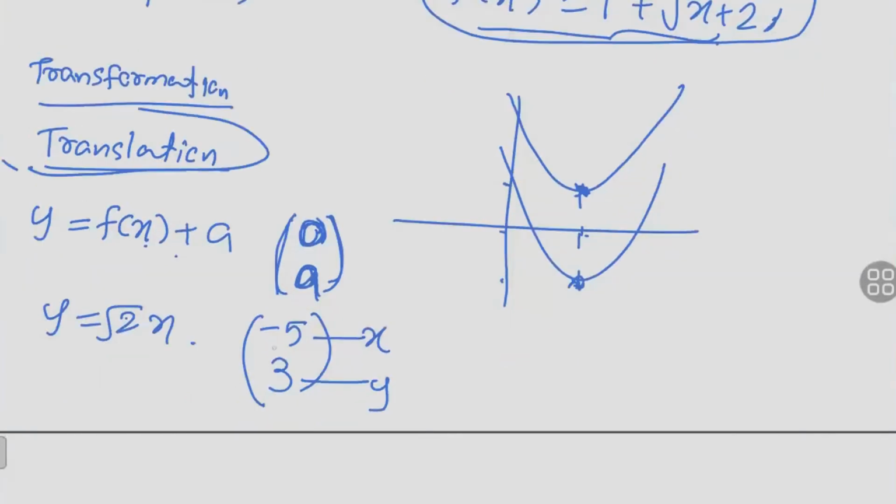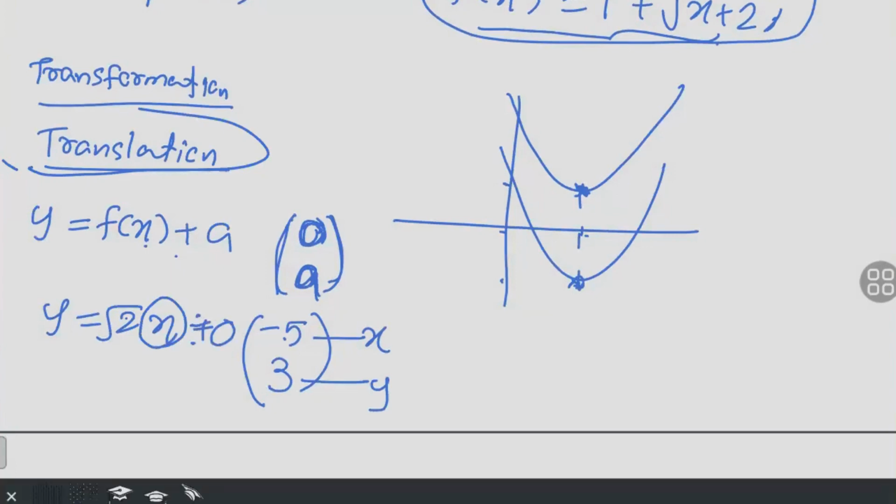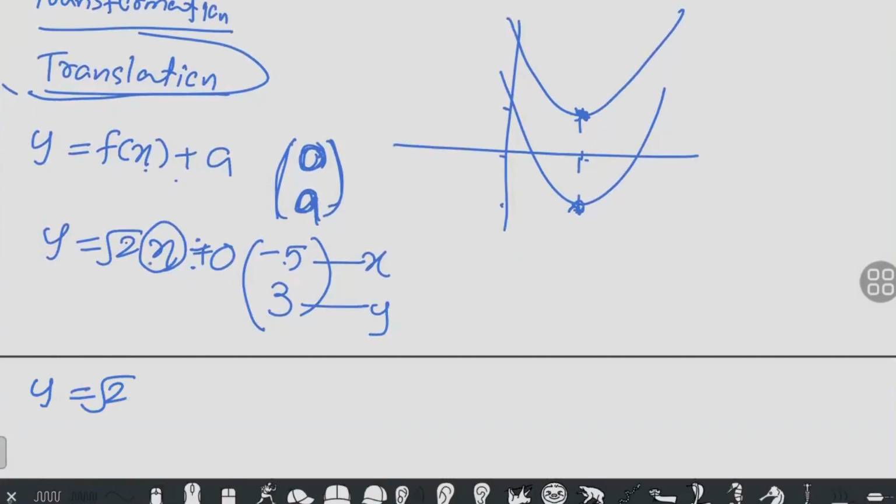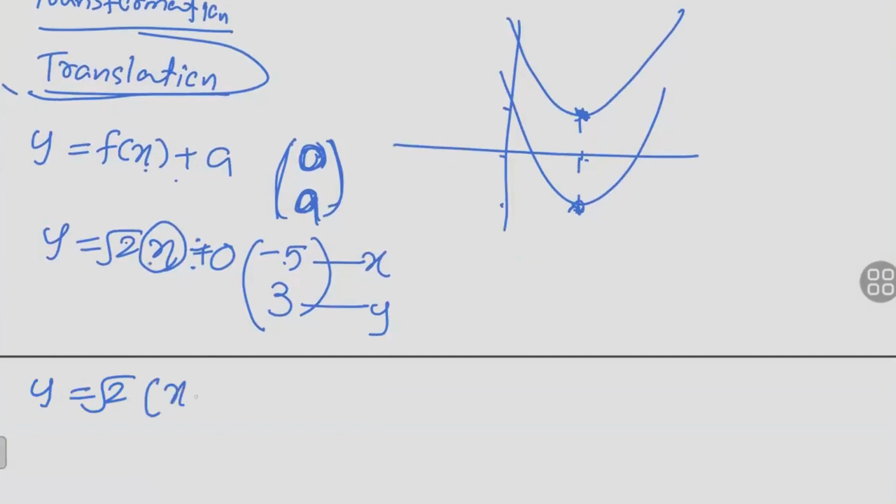Translation, x-axis wise is minus 5, y-axis wise is 3. Now you know that this is the x-axis part, the y-axis part, here you can take it 0. Now you can substitute here what? Y equals root of 2x, x is what? This is 5, right? X plus 5. This is root for both, root x.